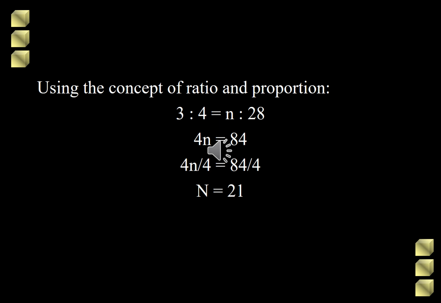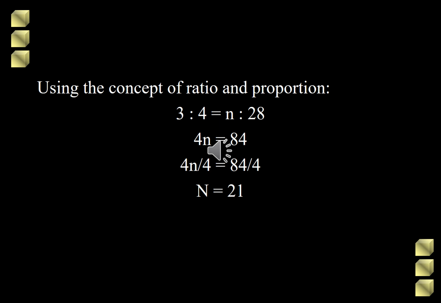And that would be equal to n is to 28. Now multiplying the extremes here, we have 3 and 28, and also the means, which are 4 and n. We get 4n is equal to 3 times 28, or is equal to 84.